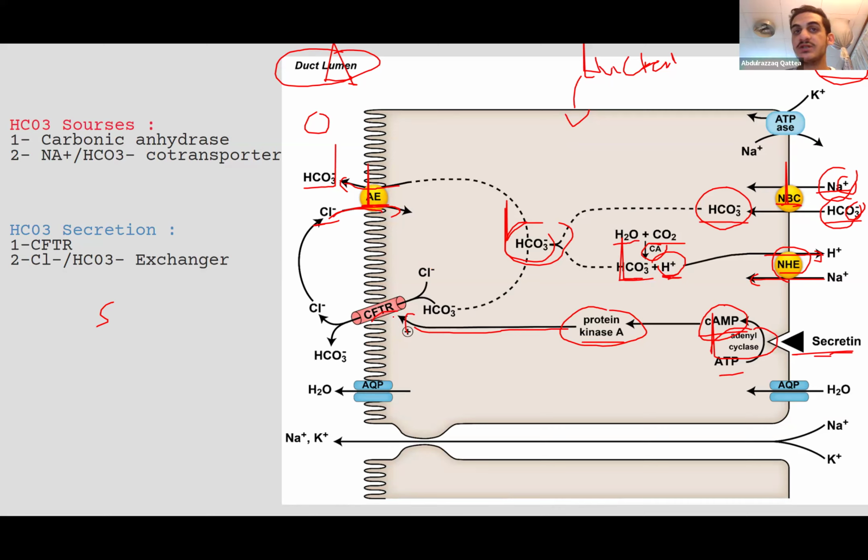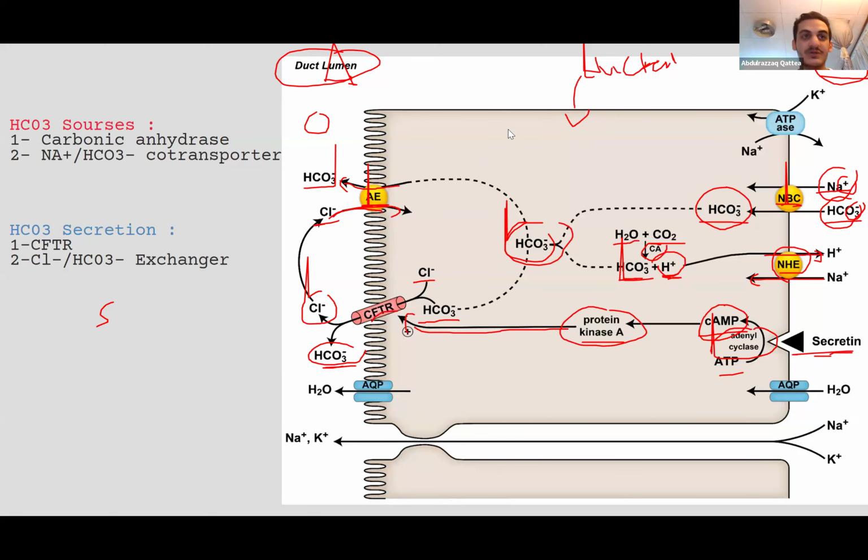So when we open the CFTR channel, we're opening a channel for chloride and for bicarbonate. So after opening the CFTR, we will have secretion of both bicarbonate and chloride. But notice here the chloride will go back into the cell by the anionic exchanger. So it's a cycle where the chloride will go inside always.